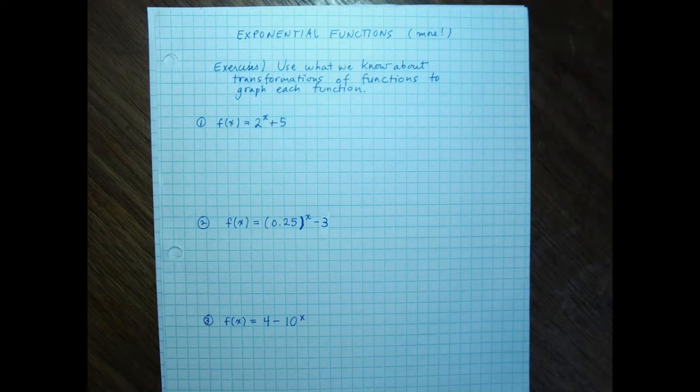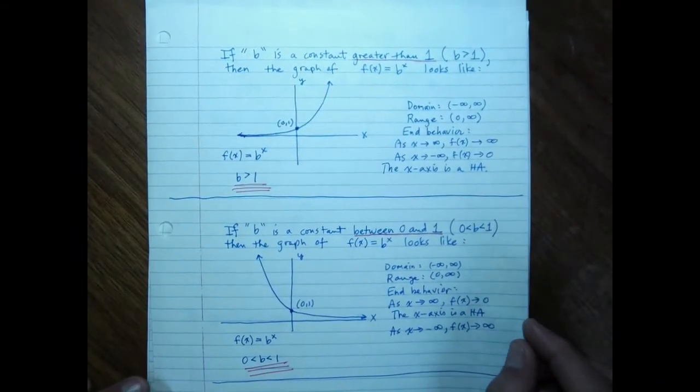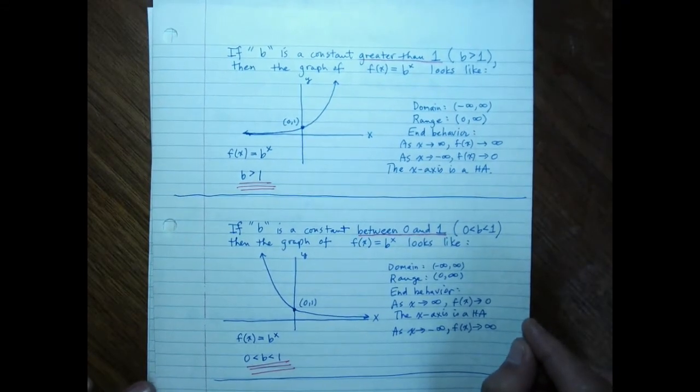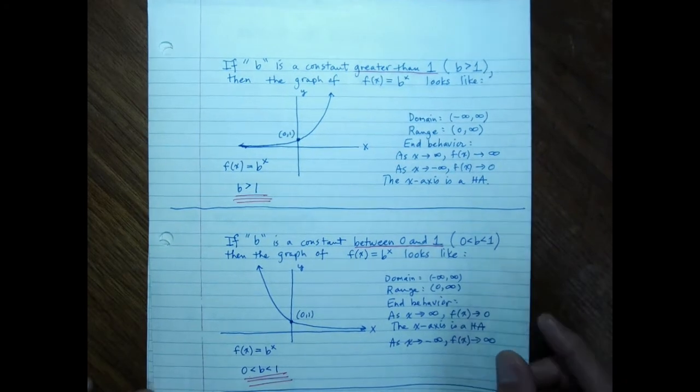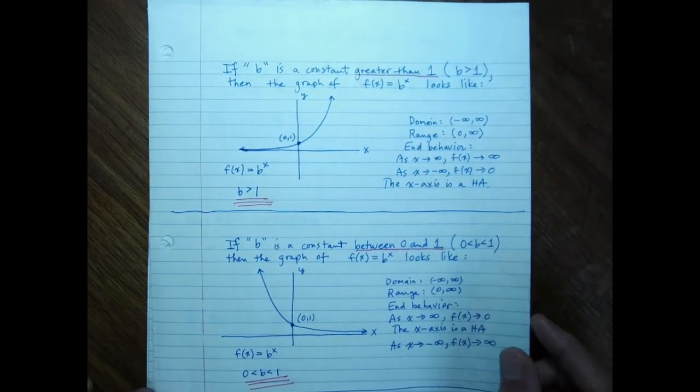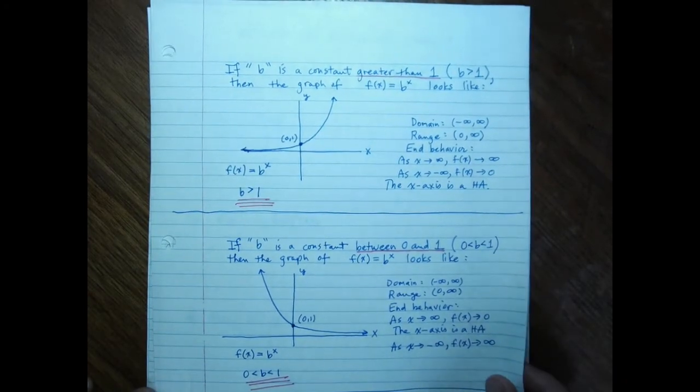Okay, so now we're to the point where we can actually do some problems that involve sketching graphs of functions. We're going to use our general scheme of exponential functions that we laid out in earlier videos, the situation where the base b could be greater than 1 or between 0 and 1.